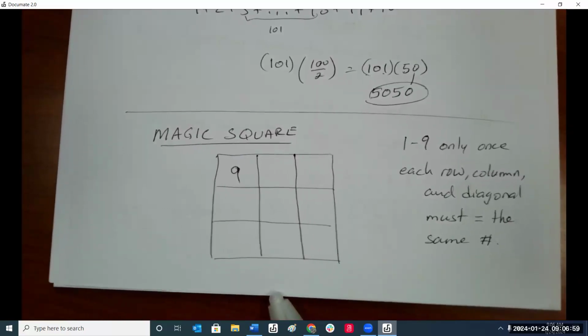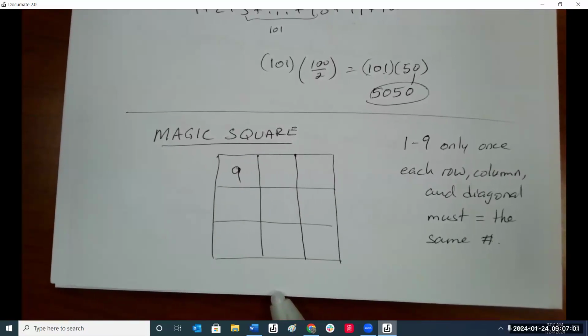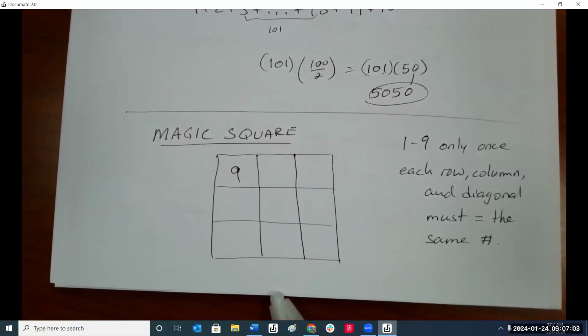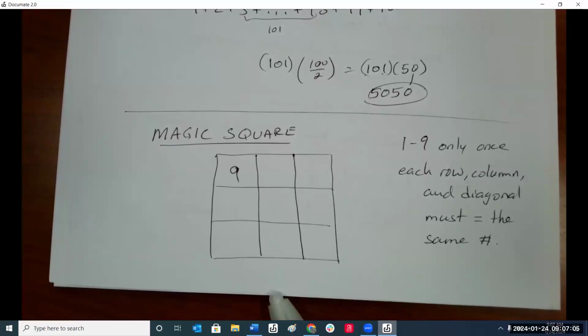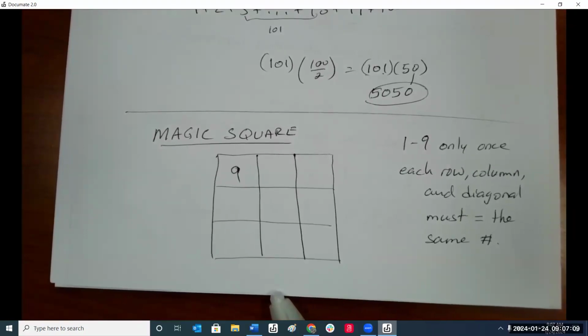I have to get my numbers, because I deleted my numbers in my square.